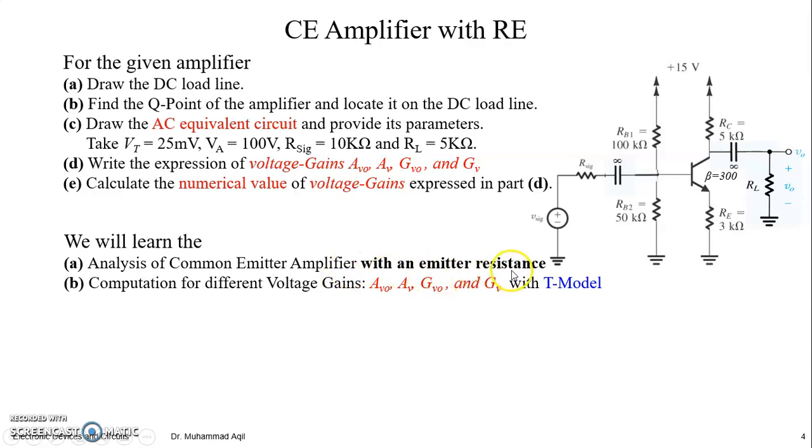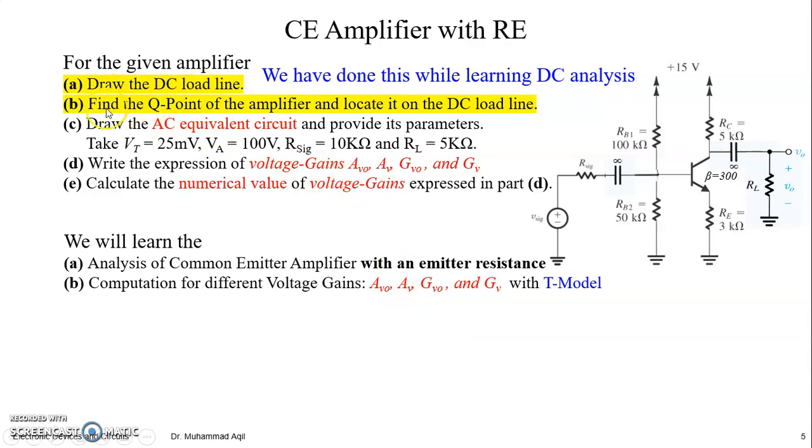With an emitter resistance, right? Because with an emitter resistance, our computations for different voltage gains will be incorporating the T model, right? So it means the T model will be applied here for the first time for your understanding, right?